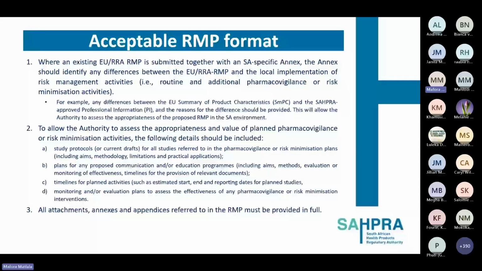So we gave an example there to say the difference between the EU summary of product characteristics and the South African approved PI, and the reasons for the difference should be provided as well, as this will allow the authority to assess the appropriateness of the proposed RMP in the SA environment.